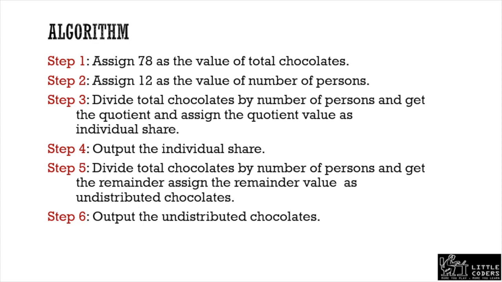As we saw in the last presentation, we have different arithmetic operators available to get the quotient as well as the remainder. We are going to use that in our present program. Now here the first step is total_chocolates equal to 78.